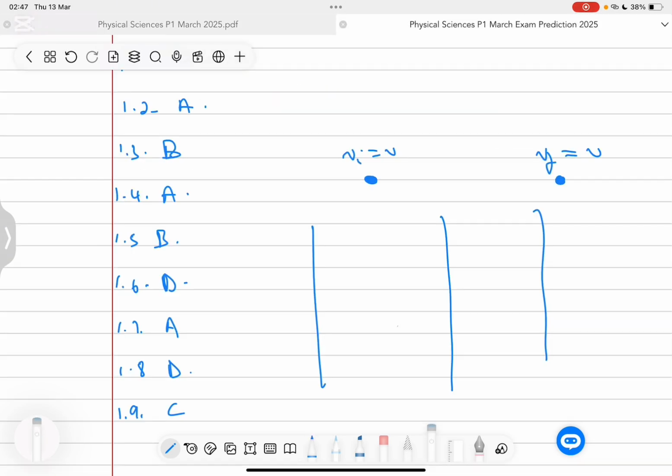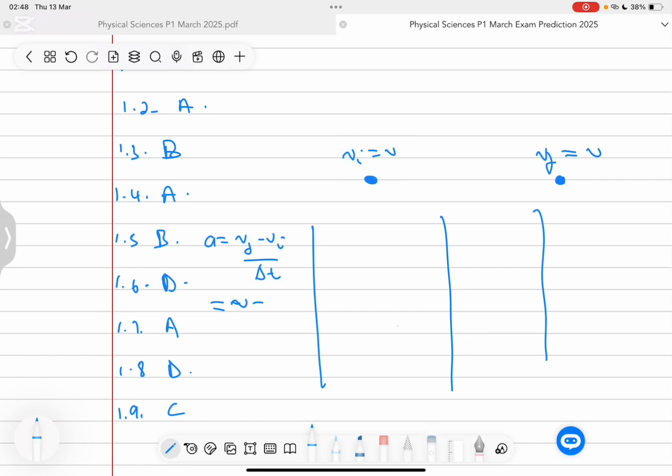Now, when we want to calculate the acceleration, we know that the acceleration is given by a equals final velocity minus initial velocity over change in time. And we are saying here that our final velocity is v because it does not change. It's the same velocity as the one we started.